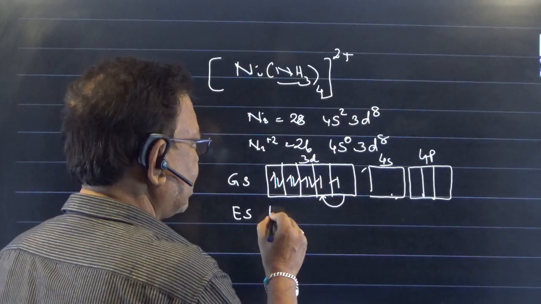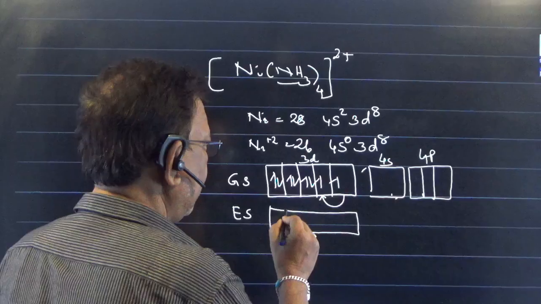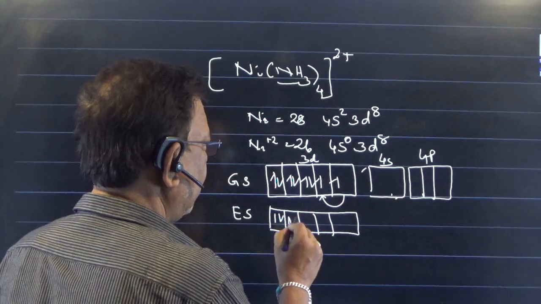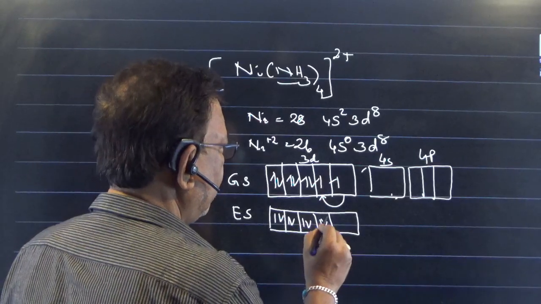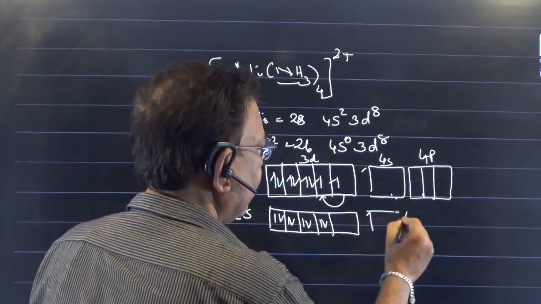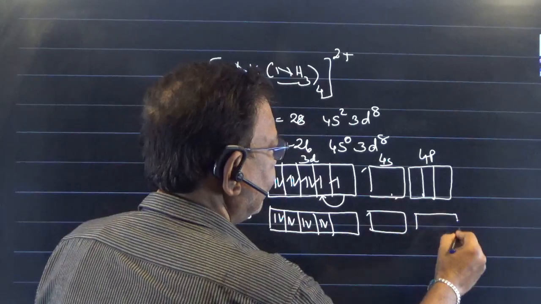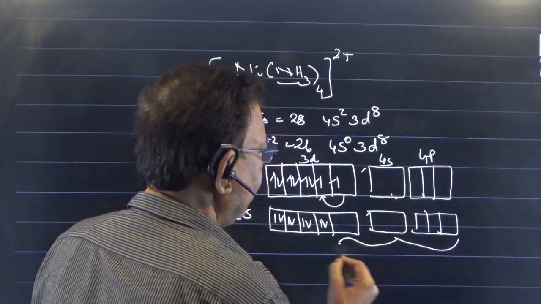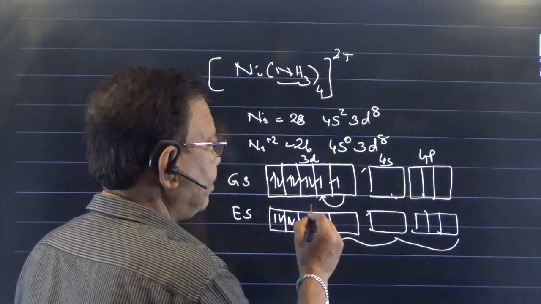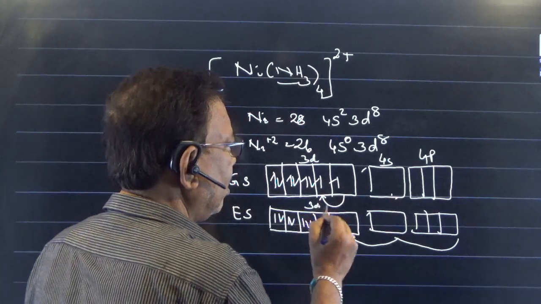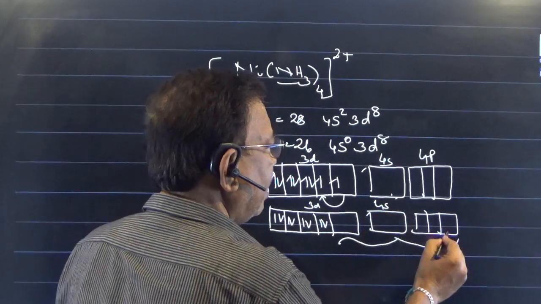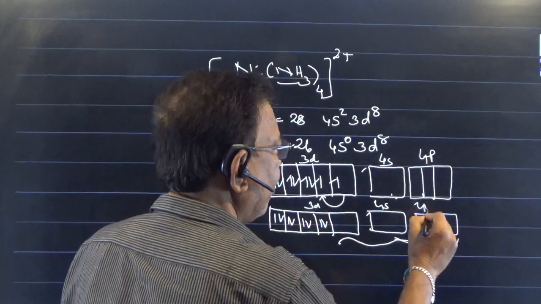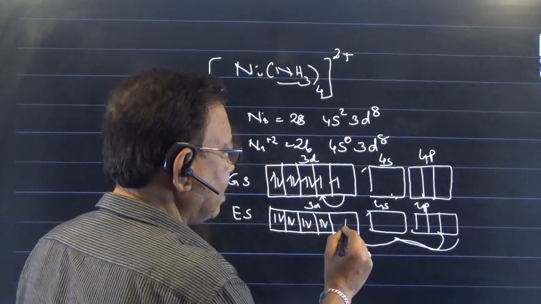So in the excited state, here 3d, 4s, and up to this 4p. So hence hybridization is here.